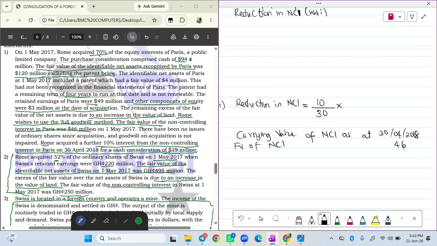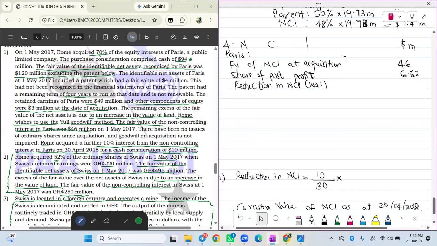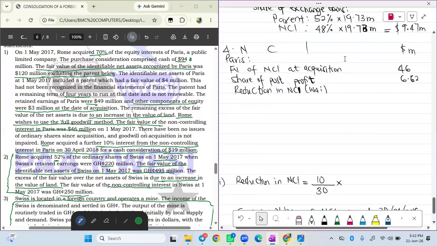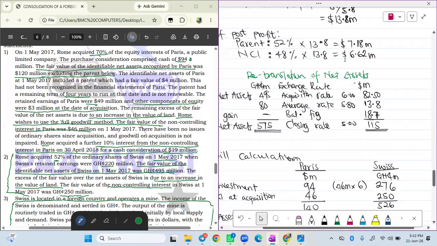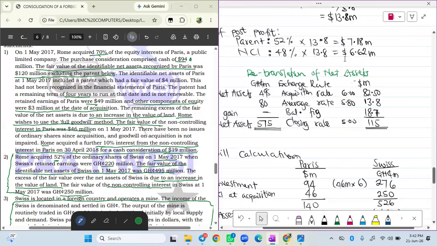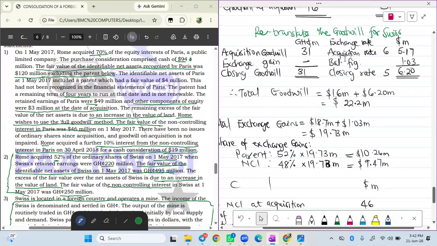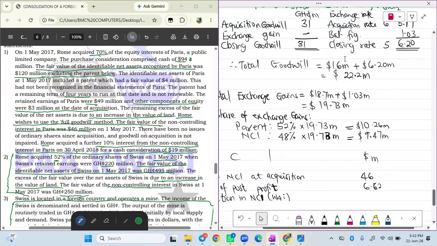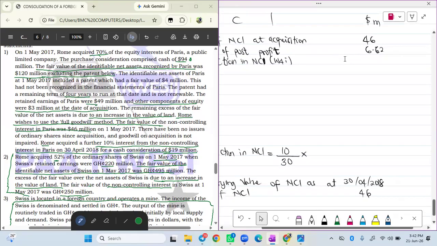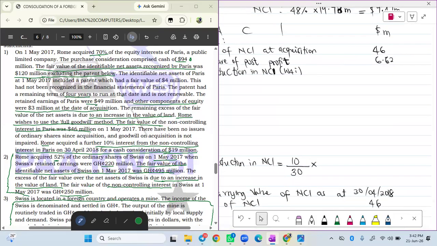Then we add the share of post profit. So what will be the share of post profit as at 30th April 2018?